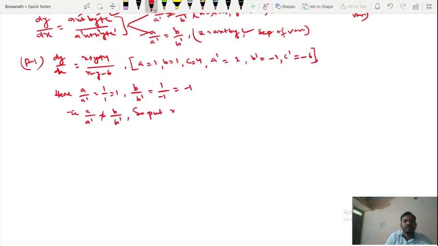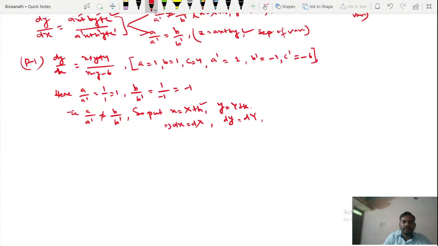So put small x equal to capital X plus h and small y equal to capital Y plus k. If small x equals this, then taking the derivative, d of small x equals d of capital X, since h is constant and its derivative is 0. Similarly, d of small y equals d of capital Y, and the derivative of k is 0.